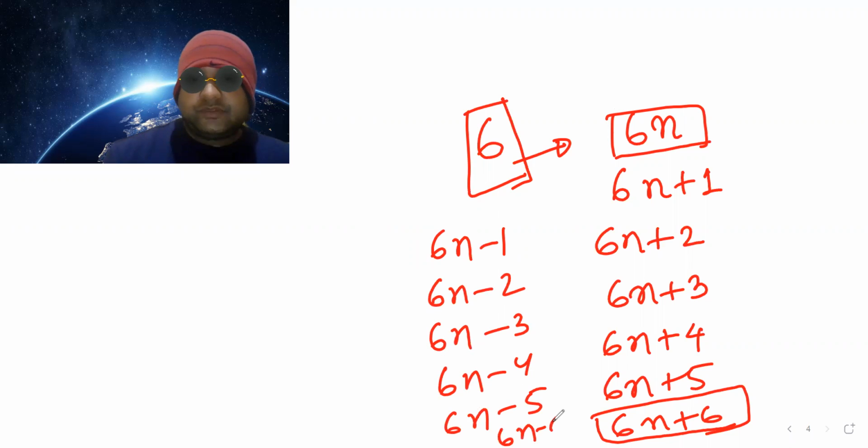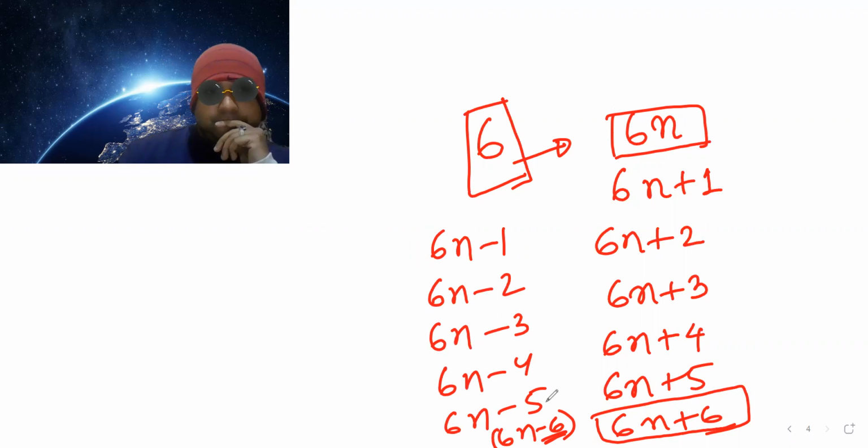And the moment it comes to 6n minus 6, this is the number which is a multiple of 6, correct?